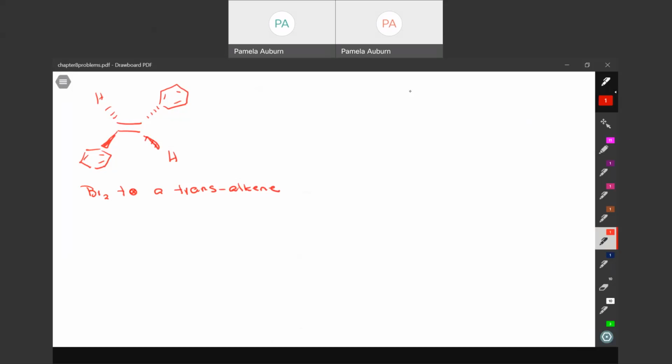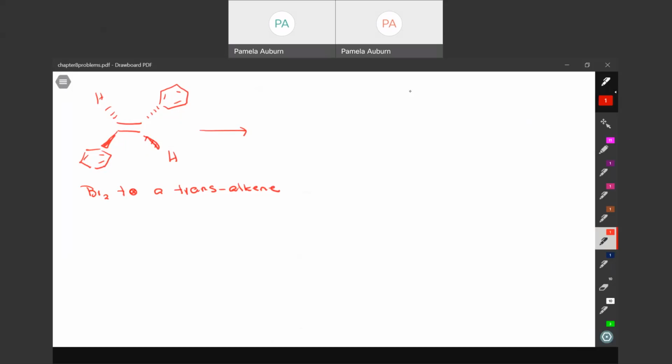So the question that we ask in lab is we're going to do the reaction, and I do it before we do this chapter. And then you use the results of this to determine whether you got syn addition or anti-addition. So I want to show you how that works, and it's important because you have to think of the stereochemistry here.